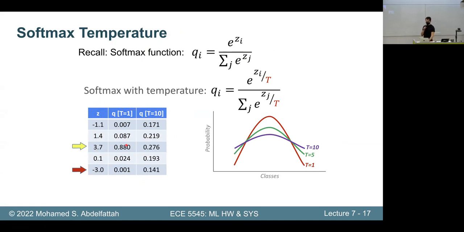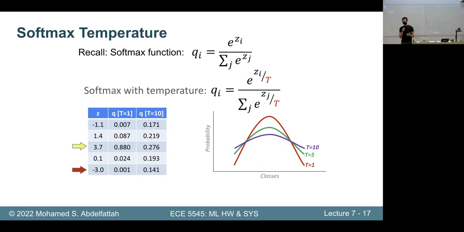With the temperature equal to 10, so the higher the temperature, the smoother the probability distribution, it will have a probability of 0.276. So the ranking between the different classes here still stays the same. This one is still the highest probability out of all of them, and this one is still the lowest probability out of all of them. But basically, we are magnifying the values for the wrong probabilities.